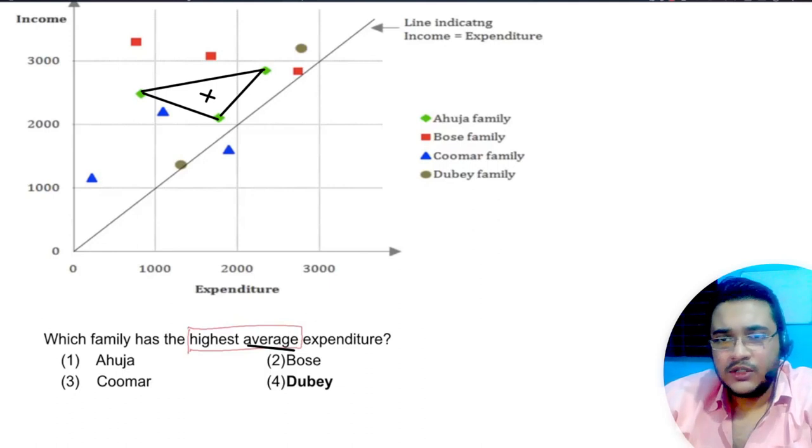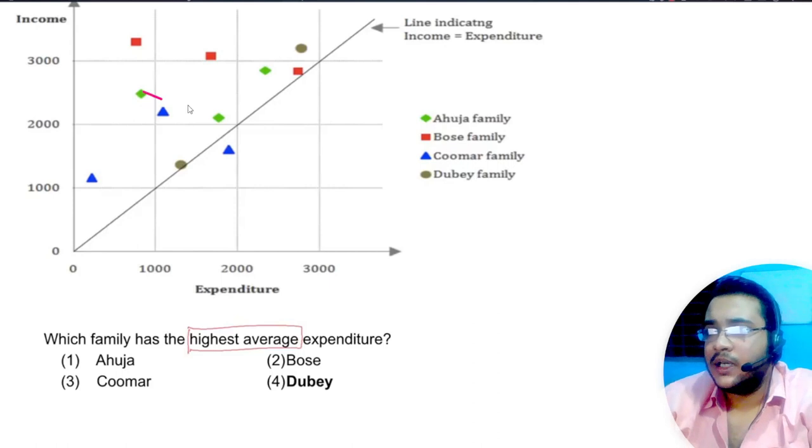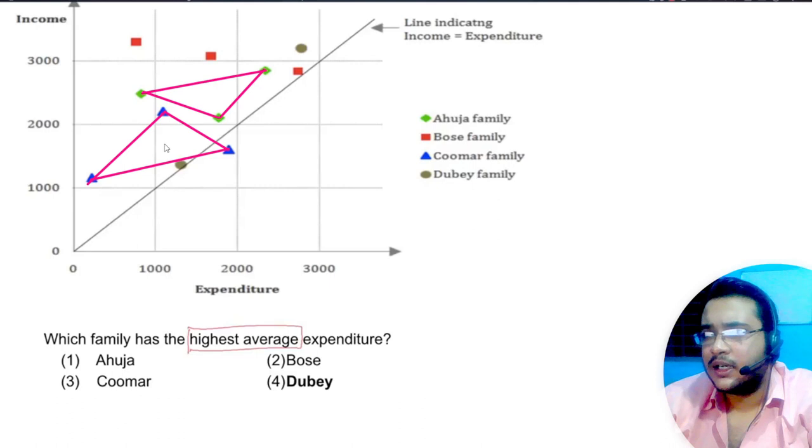Now let's do this. Let me use a different color so that I can make it a little more visually appealing. This is going to be the first one, this is going to be the second one, and approximately I'll try to locate the centroid.